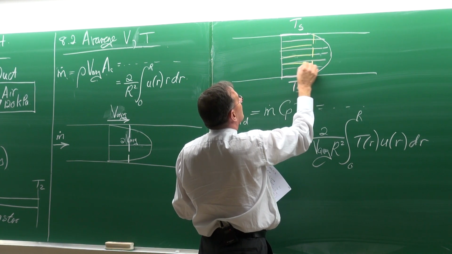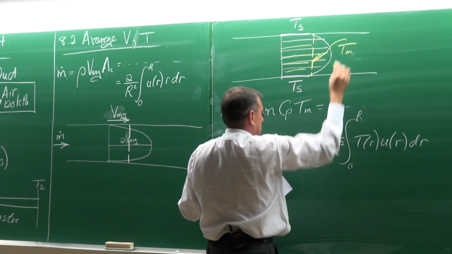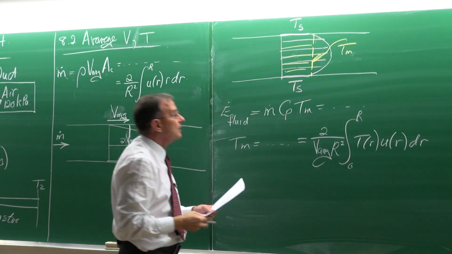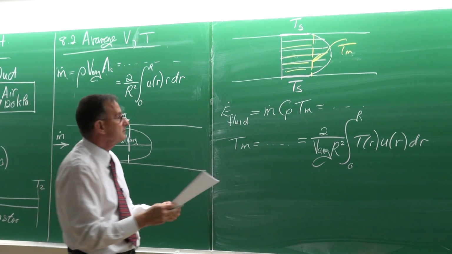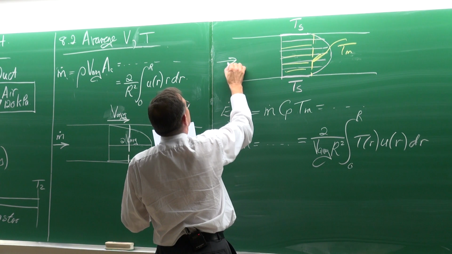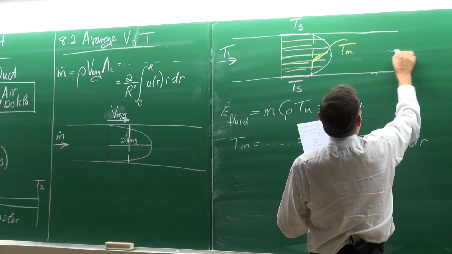So the yellow is called Tm, the mean temperature, which is different from the bulk temperature. The bulk temperature uses T inlet and T outlet.